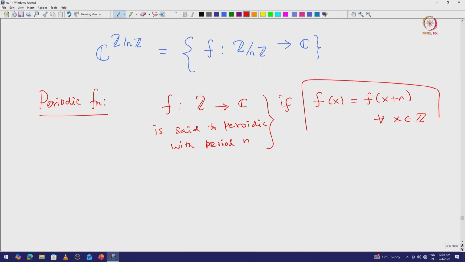So, now this is indeed a discrete version of what you have seen in the basic Fourier analysis course.